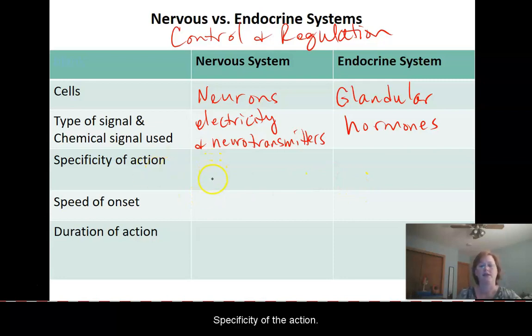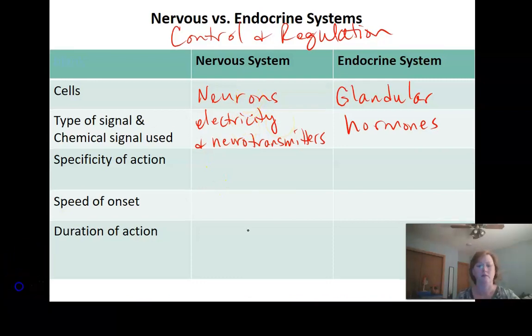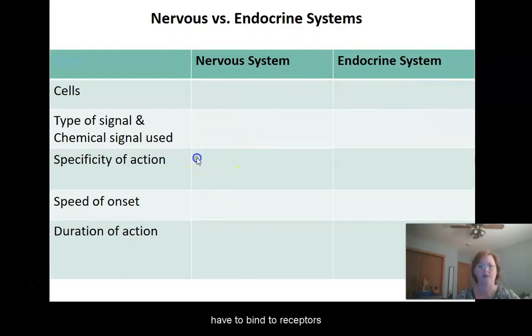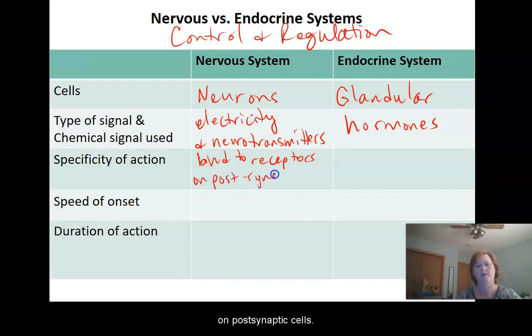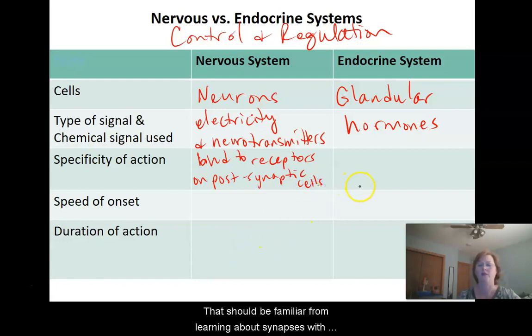The specificity of the action: your neurotransmitters in the nervous system are going to have to bind to receptors on postsynaptic cells. That should be familiar from learning about synapses with the nervous system.